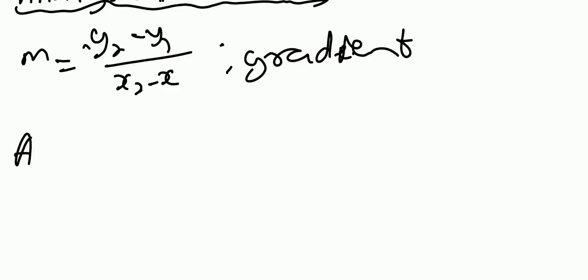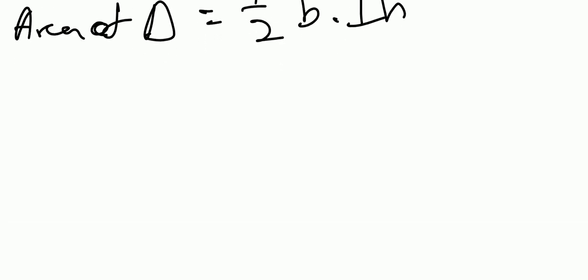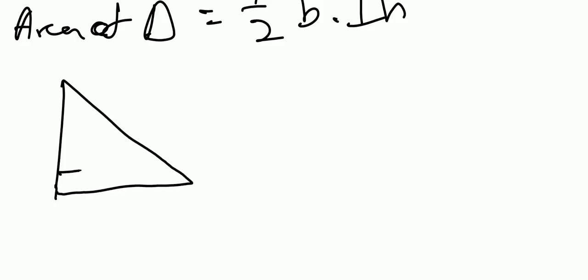Now let's go inside. You know the area of your triangle is half base times perpendicular height, right? This is the area of your triangle. For example, this area was taken from a right angled triangle, right? So if we have something like this, we have 90 degrees, meaning that we have perpendicular lines.